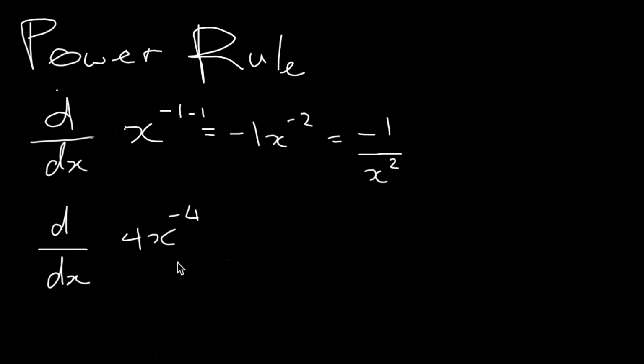All right, so now this is going to move to the front. Okay, so we have -4 and 4, so what happens here is these two numbers will multiply. We have -4 multiplied by 4, -16, right?